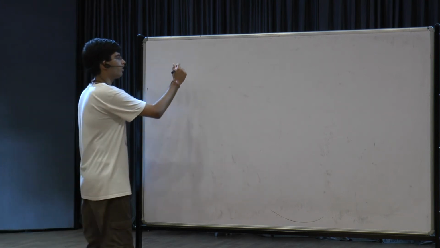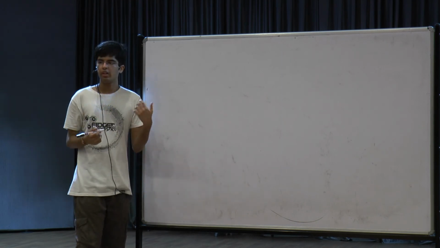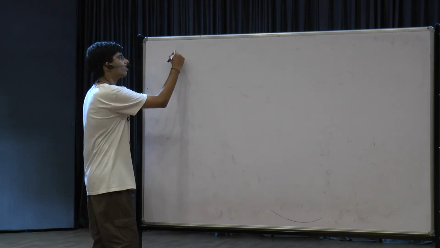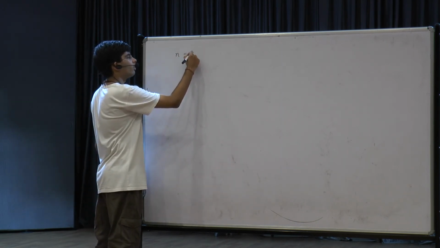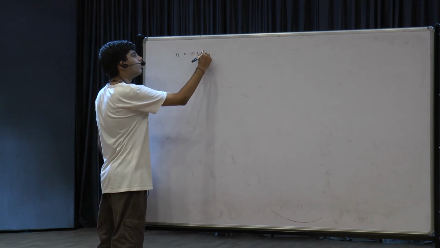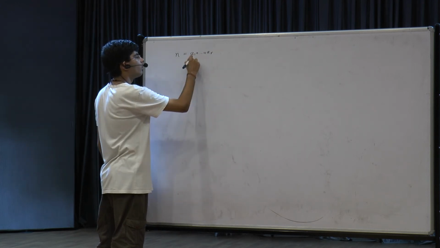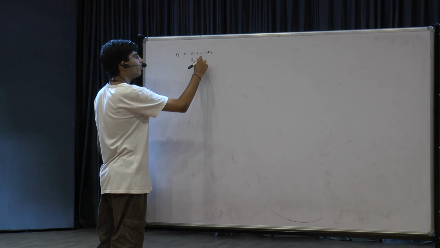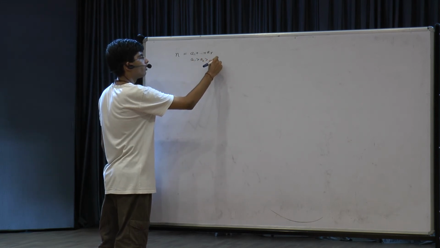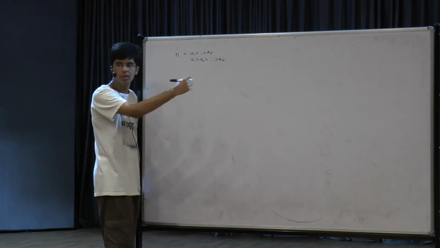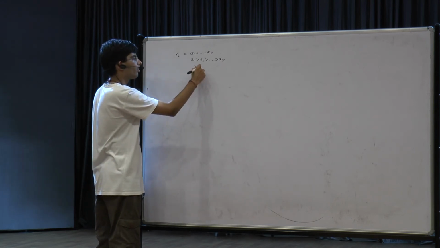So it says that, okay, we are still looking at ideas like partitions. So we'll look at partitions of n, a1, ..., ar, but this time we don't allow equality between the parts. So they are strictly decreasing and ar is greater than 0.